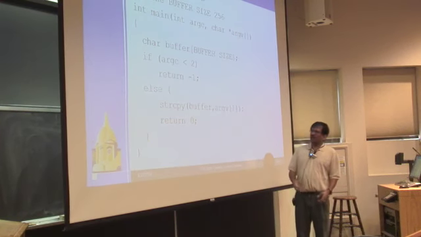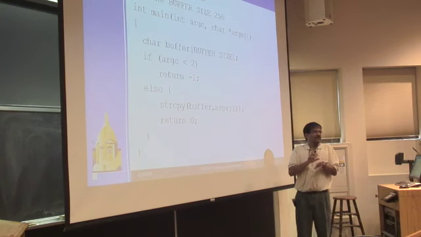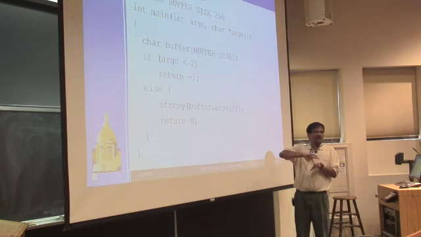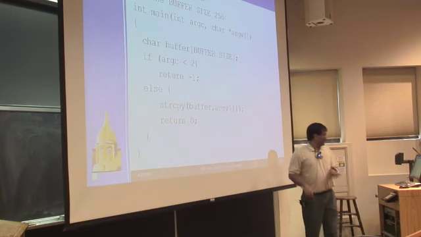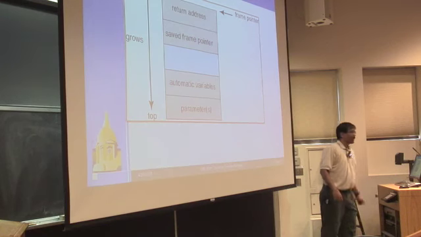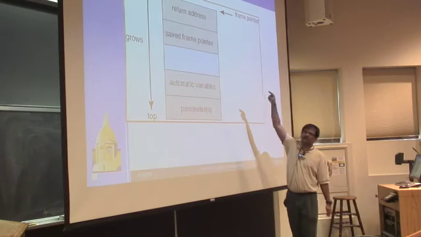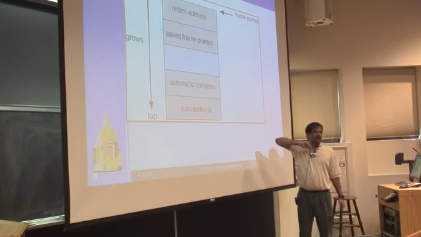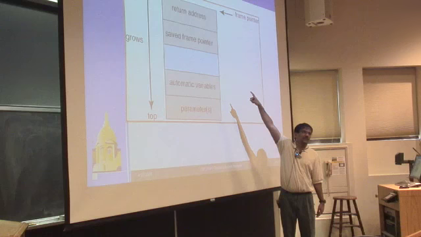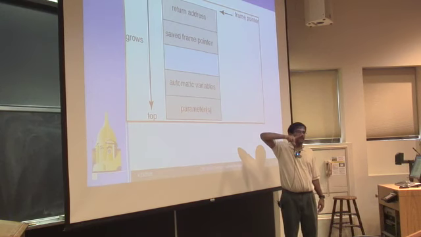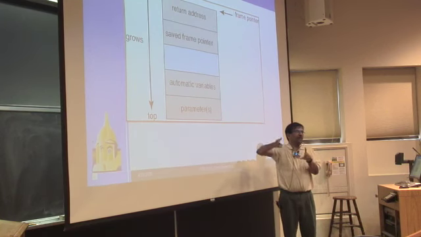But if I'm malicious, I can craft what I'm overflowing with in such a fashion that I can use the way the program is running to change your program to run something that I want. If I knew how the stack is set up, where the automatic parameters and all those things are, I overwrite the buffer in such a fashion that I replace the return address with something else that I want, and I also put some code in there which will run something.